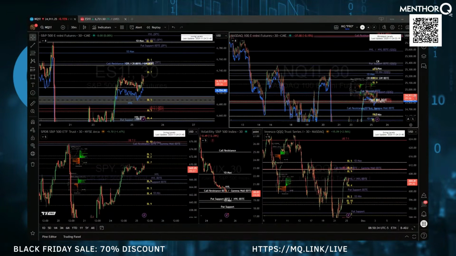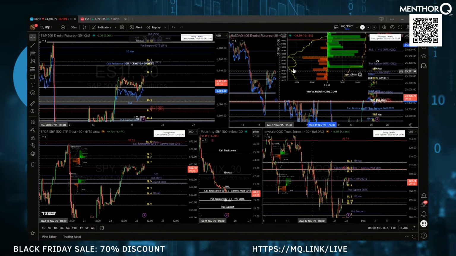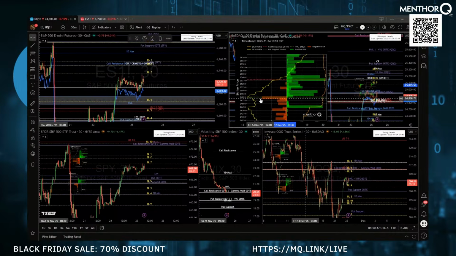And when we take a look at the bigger picture, yes, exactly, we spent a lot of time here. So this zone will be our first big resistance. And let's take a look together. It makes sense? Of course. 24,900 is our changing point.